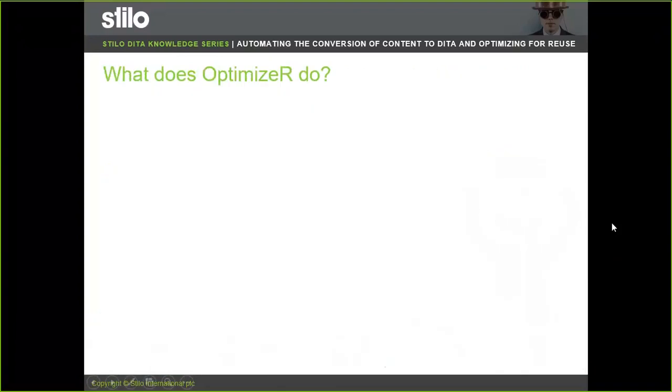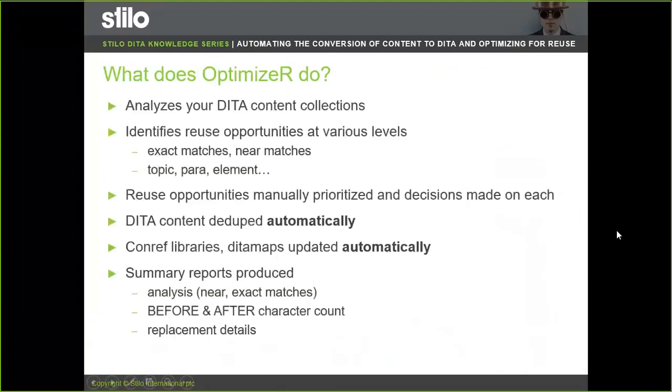What Optimizer does is essentially analyze your DITA content collections. It identifies reuse opportunities at various levels. So you can look for exact matches or near matches. You can go down to topic levels, paragraph, element levels, and then manually prioritize what you want to look at first, and then make decisions upon each of those opportunities that present themselves.